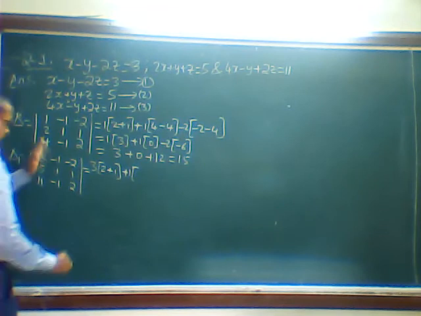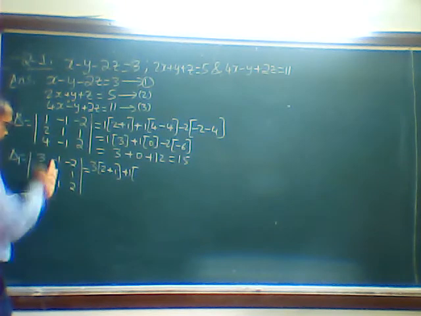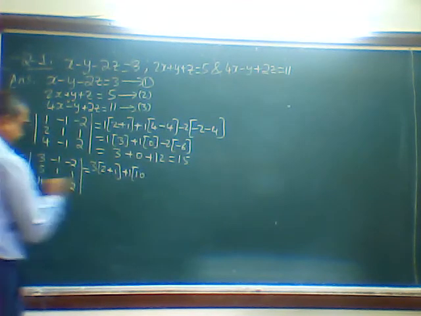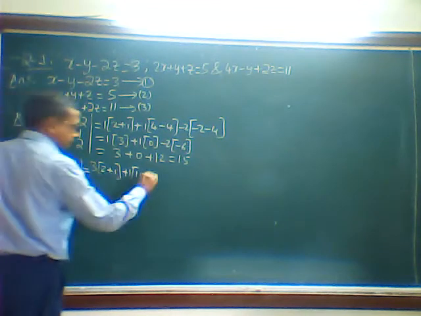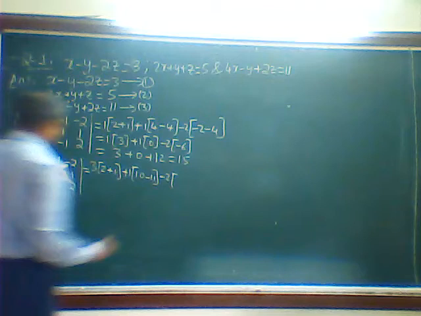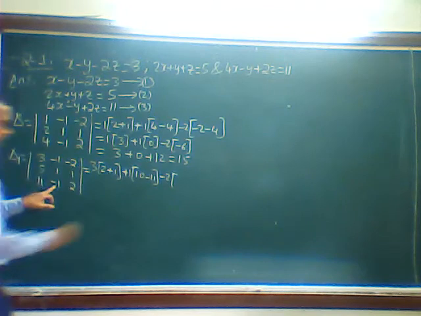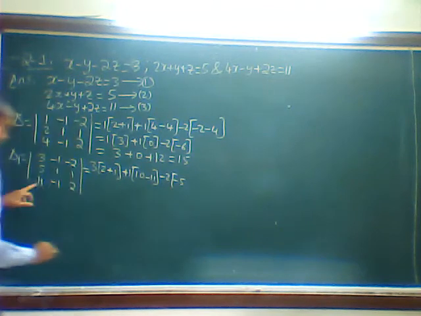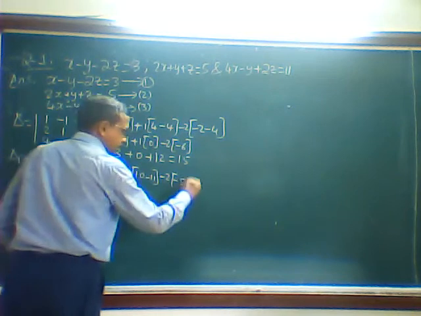Okay. First row, second column is deleted. 5 into 2 is 10, minus 11 into 1. Next, plus into minus is minus only. Again, 5 into minus 1 is minus 5, 11 into 1 is minus 11.